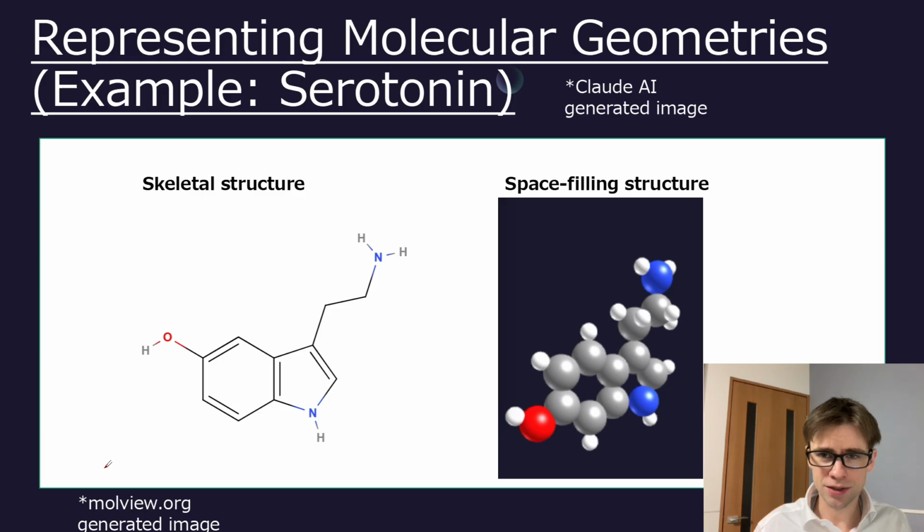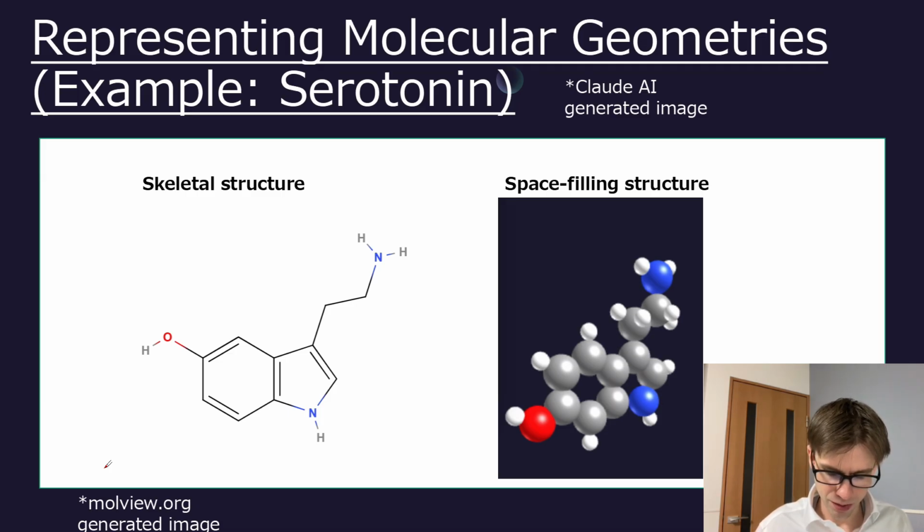Then I have a space-filling structure on the right, the exact same molecule, serotonin, as an example. So it has really similar shapes and angles and even 3D geometry. But the space filling also shows the relative size of the atomic radii inside the molecule.